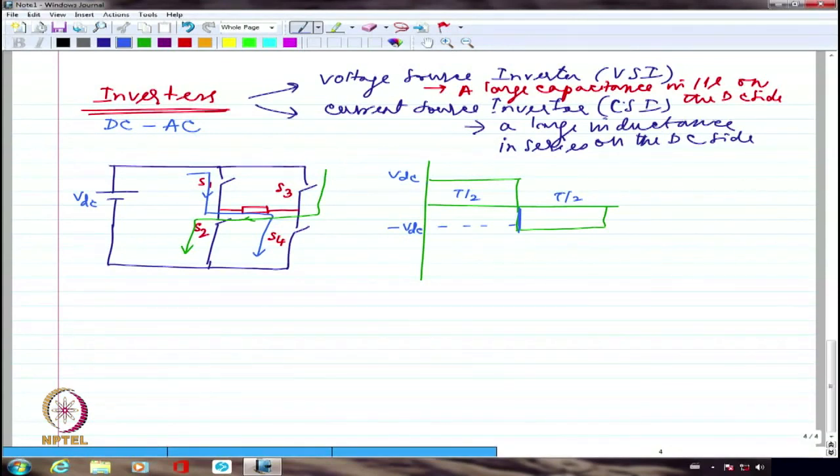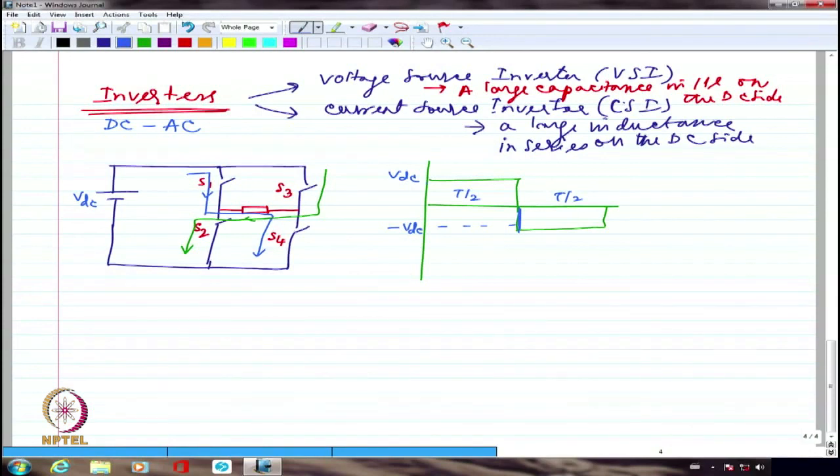So I have mainly a couple of disadvantages when I make this like a square wave inverter. This is known as a square wave inverter. I am essentially having T by 2 and T by 2, positive half and negative half. I cannot control the RMS value of voltage. This is one of the major problems that I am going to have. If I have a fixed value of DC, I will also have a fixed value of output voltage. Right?